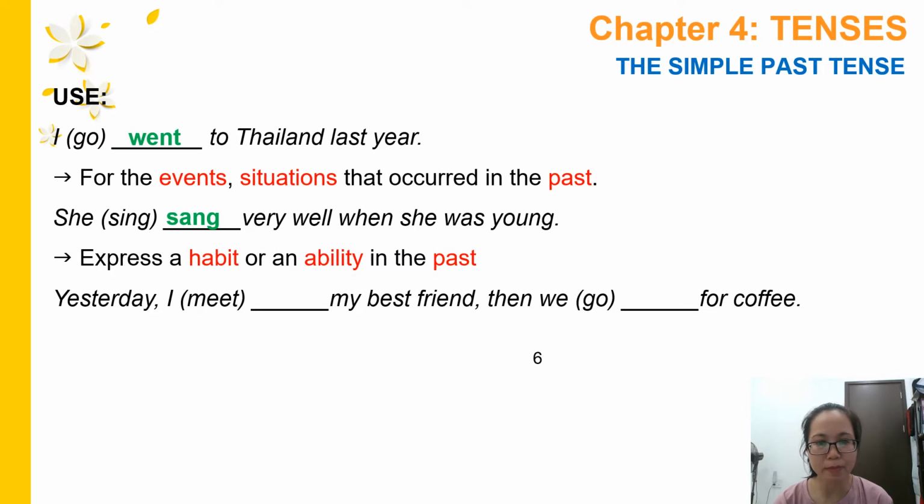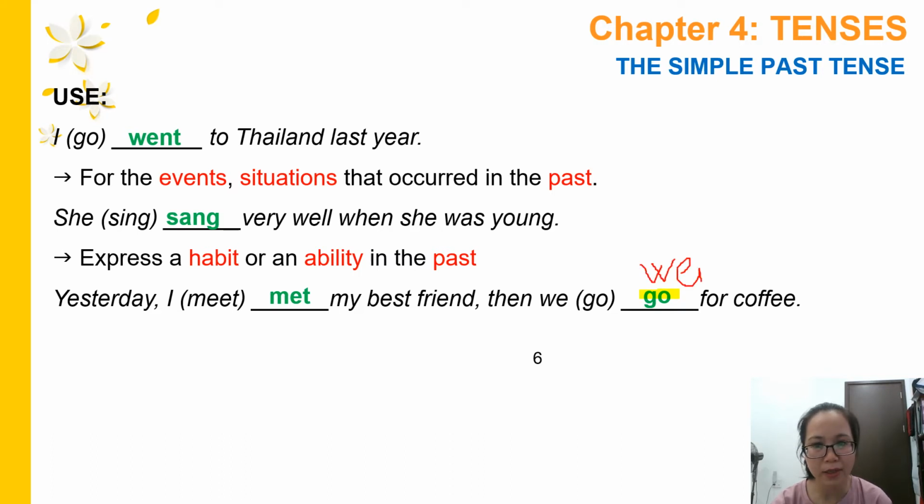Yesterday I met my best friend, then we go for coffee. Remember the time? Yesterday. So how would you say? That's great. Yesterday I met my best friend. Then we go. Oh, I'm sorry, but we cannot use go here. We have to use went.